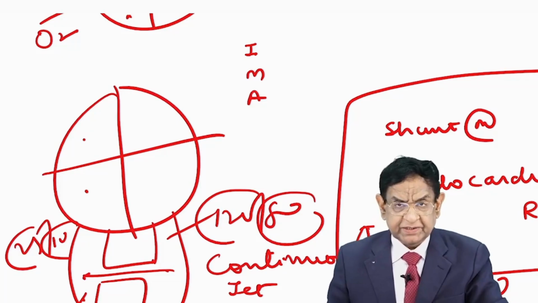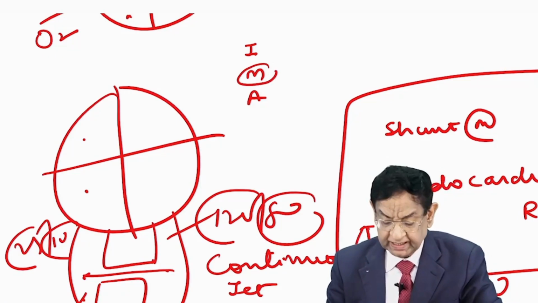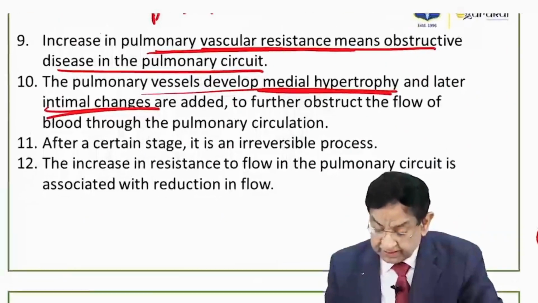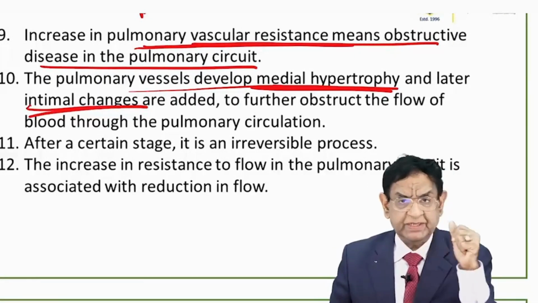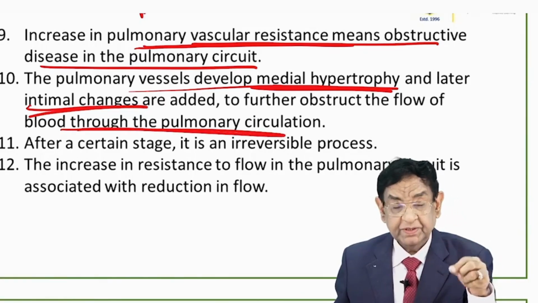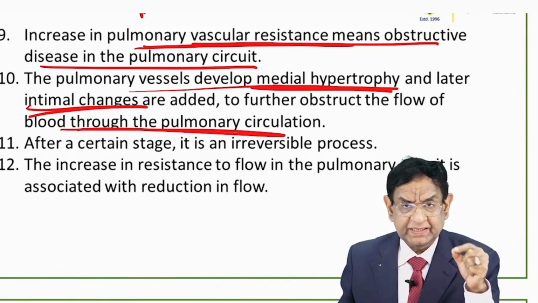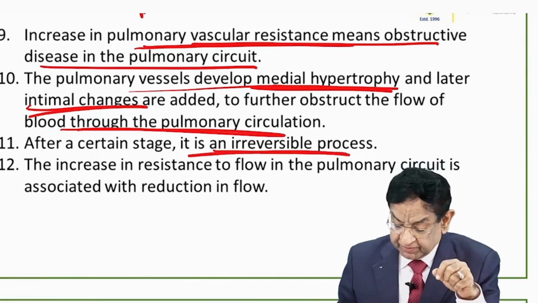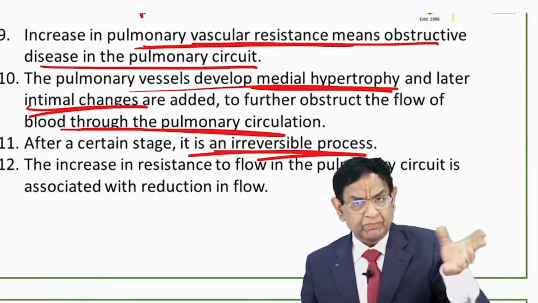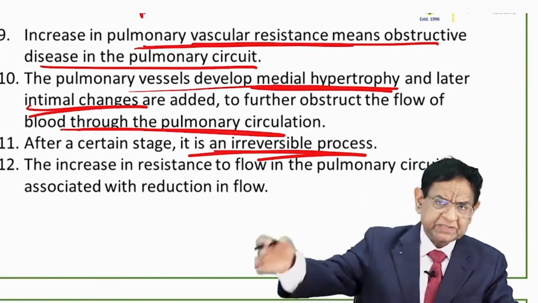When increased resistance is there, first the media is involved, and later on even the intima. So ultimately there is obstruction to flow, which leads to increased pressure. It develops very fast, and this hypertrophy is usually irreversible.